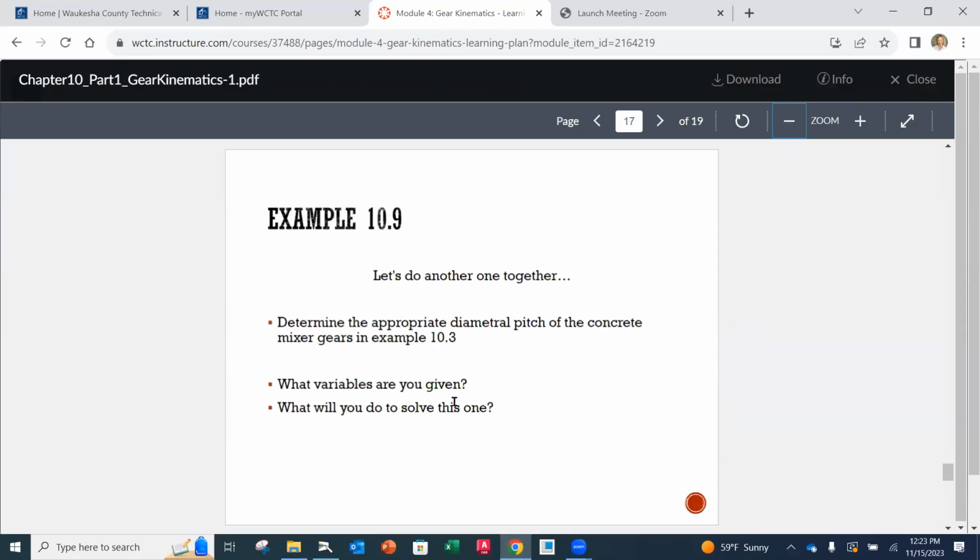So let's look at problem number 10.9 and 10.10 to apply the things that we have been looking at. So in your book on page 276, just above where we were looking, there is example 10.9, and we want to determine the diametral pitch for the concrete mixer gears in example 10.3.